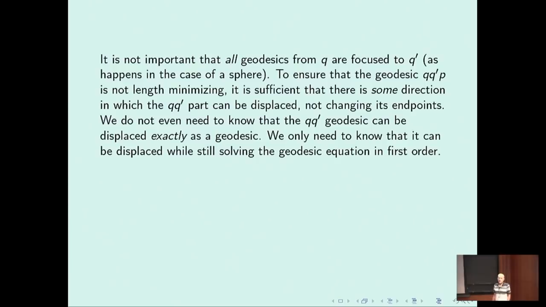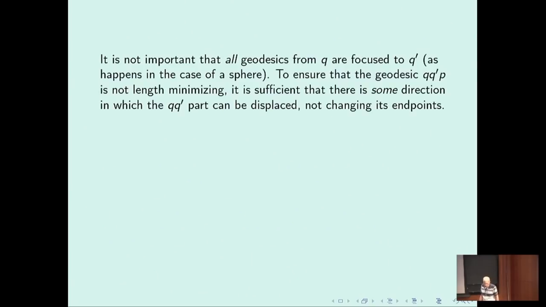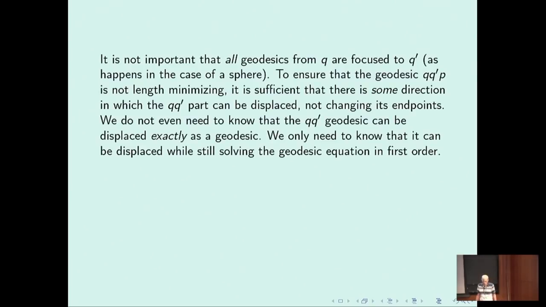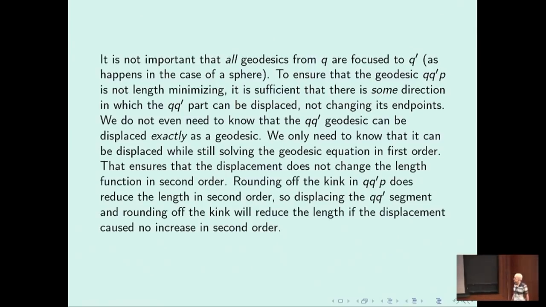In other words, we needed to know that the equation for deforming the geodesic, keeping its endpoints fixed, has a zero mode, so that to first order, we can solve the geodesic equation by some displaced thing. If that happens, since we solve the equations to first order, the displacement doesn't change the length function in second order.